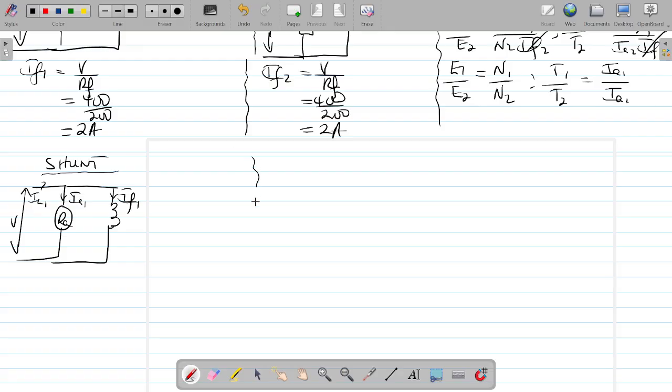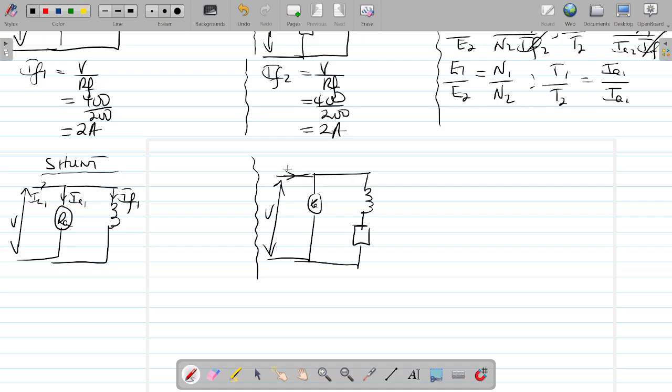I'm saying we've added a new resistance in series with the field. So it's still shunt, an armature. So here's my field and here's the new resistance. With this scenario, your IF1 will not be the same as your IF2.